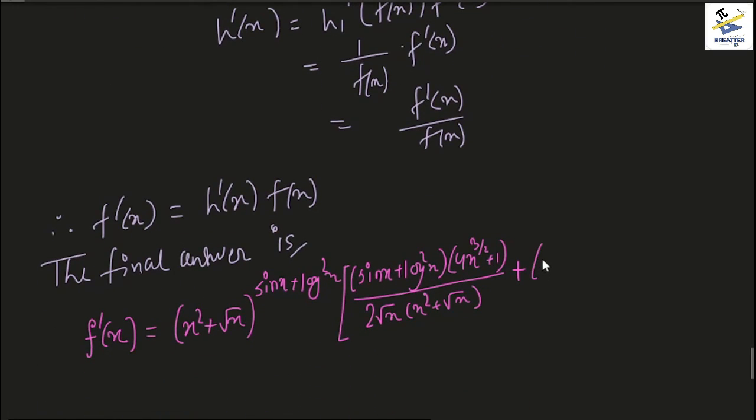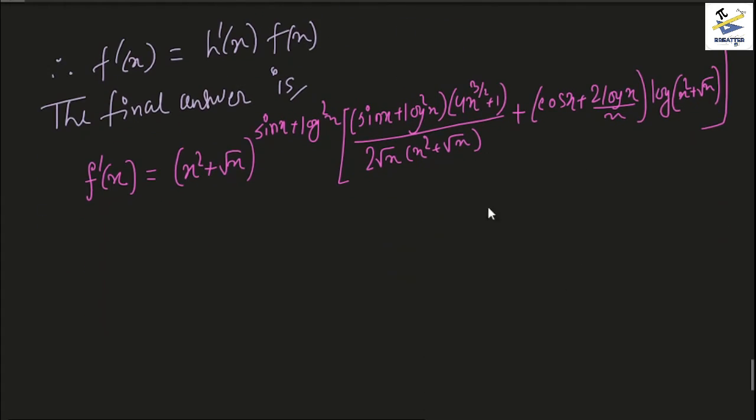So cos x plus 2 log x by x into log of x square plus root x. This is the final answer.